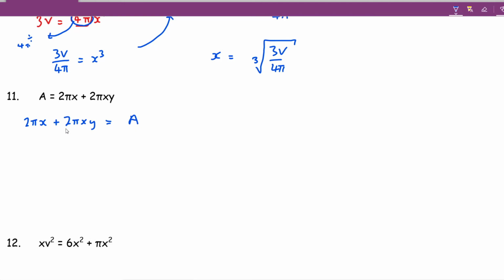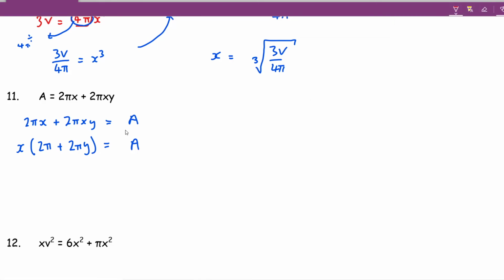This one isn't too bad because we've got x in both, and the key thing here is when you've got x in two expressions, factorize and take that factor of x out, and that will be 2 pi plus 2 pi y. Note I only take the x out because I want to make x the subject.